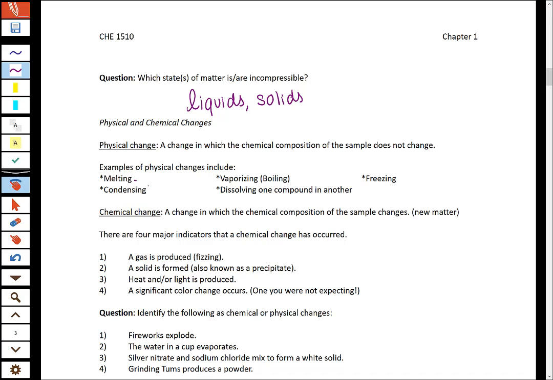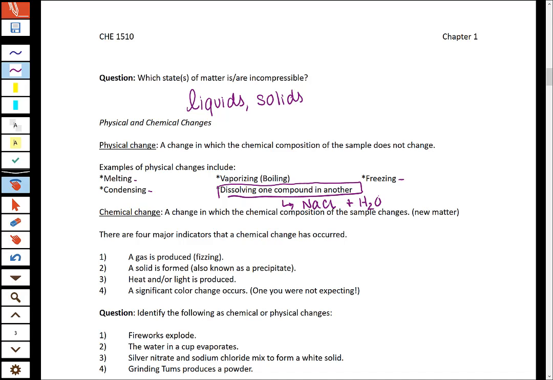So melting, condensing, freezing, dissolving is a physical change, right? If you mix salt, NaCl, and water, you get salt water. It's still salt and water. They haven't made anything new. So these are examples of changes that we would describe as physical.